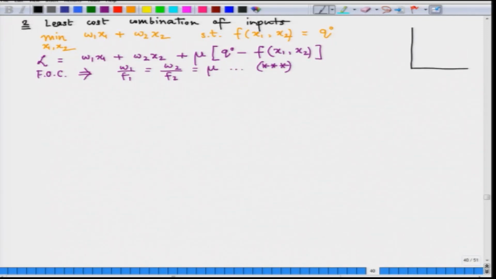So, I take any particular input, say x here, I am not writing subscripts 1 and 2 to make it general, and then let us write f prime. That is basically the marginal product, which is f1 and f2 if we have specific inputs with respect to which we have to take the derivative.